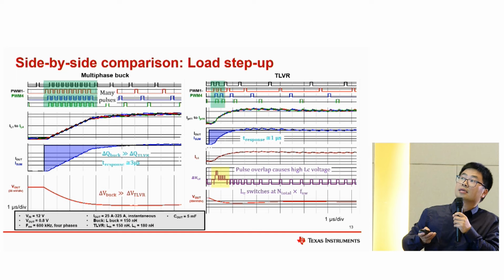We can see that if this overlap is more, the voltage of the LC will be even higher than the input voltage. So this is why the LC current will slope very quickly.